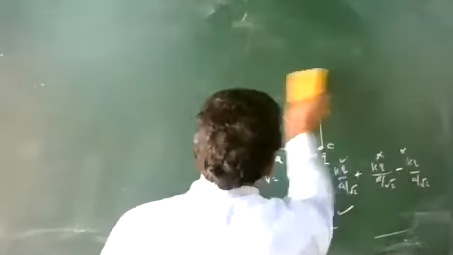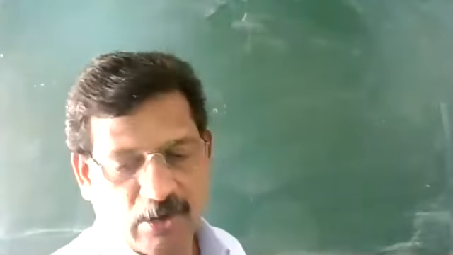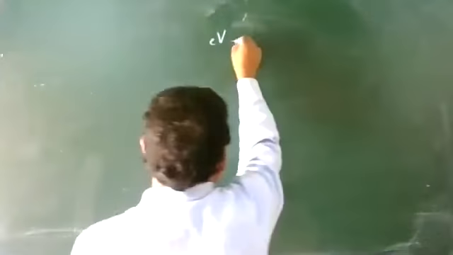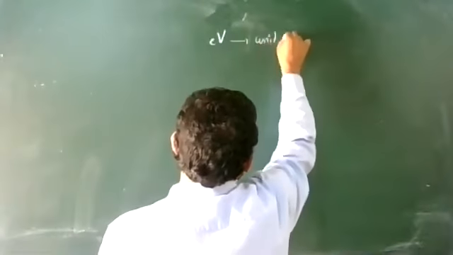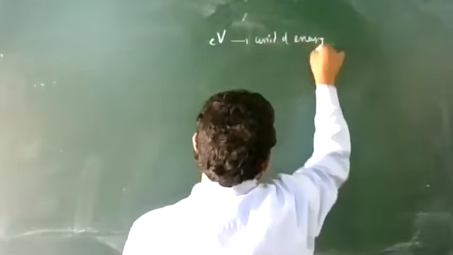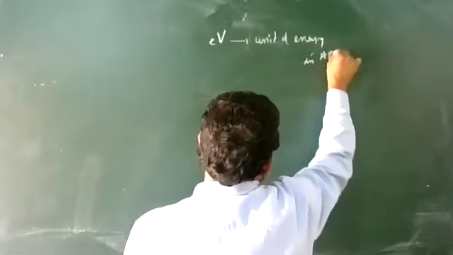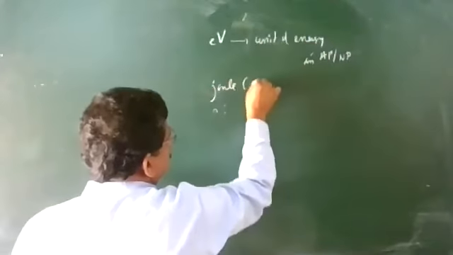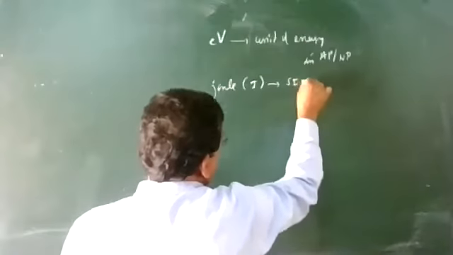Electron volt is the unit of energy in nuclear or atomic physics. We write like this: electron volt is the unit of energy in atomic physics or nuclear physics, where Joule is the SI unit of energy.